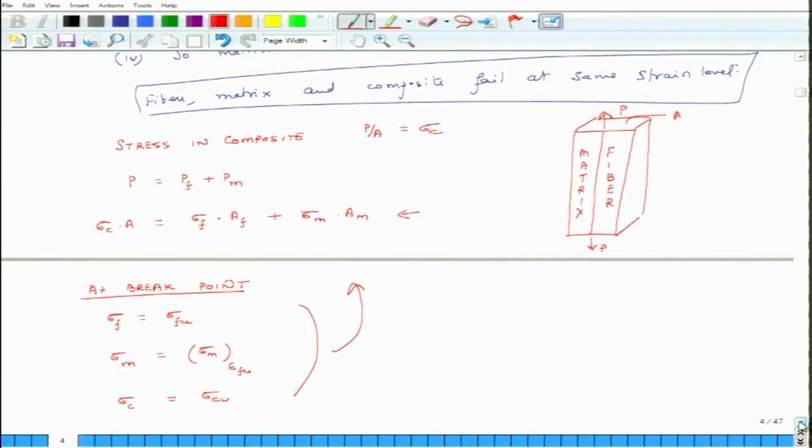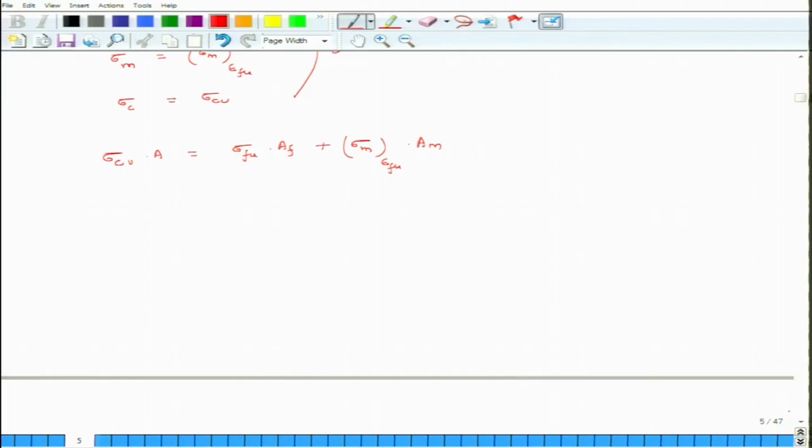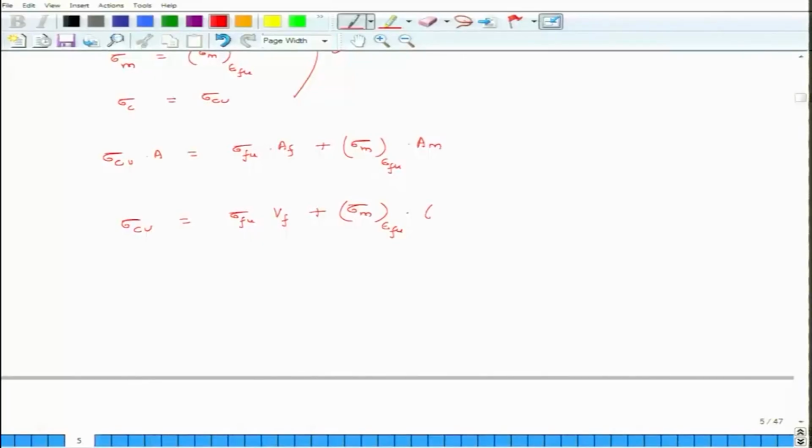If I divide this entire thing by A, I get sigma Cu is equal to sigma Fu Vf plus sigma M at epsilon Fu, breaking strain of the fiber, times Vm. But Vm is what? If there is no air in the system, if there are no voids, then Vm is nothing but 1 minus Vf.